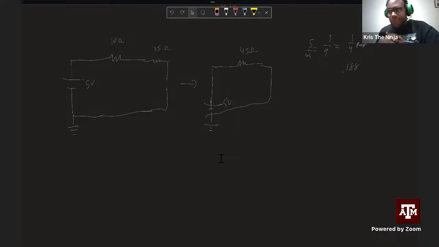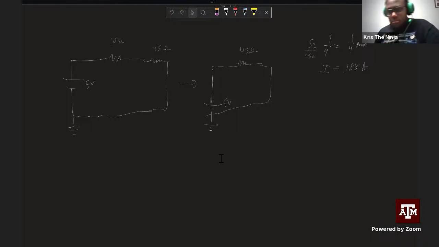Your current is identified as the voltage divided by resistor one plus resistor two, which came out to be 45.